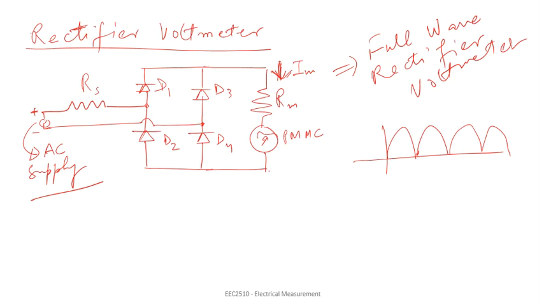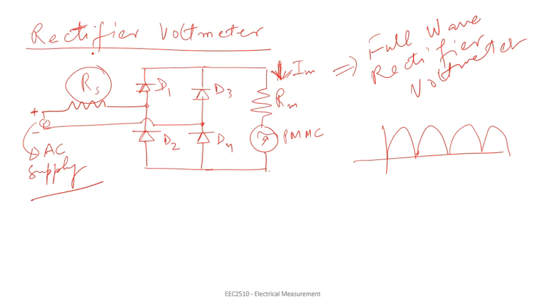As in the case of the normal DC voltmeter, which we studied in the previous lecture, in this rectifier voltmeter circuit as well, you can see that we are using a series connected multiplier resistor, which is this RS, the same multiplier. The objective is the same here also, that we have to limit the current which is flowing through the PMMC instrument.